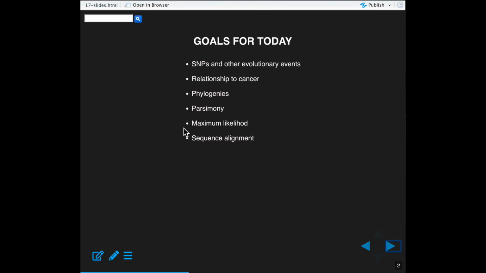One is via a technique called parsimony, and the second is a fancier technique that builds on our Markov models called maximum likelihood. And then I'm going to finish showing how we can use entities like our PAM matrices to compute sequence alignments, in addition with an algorithm called dynamic programming.